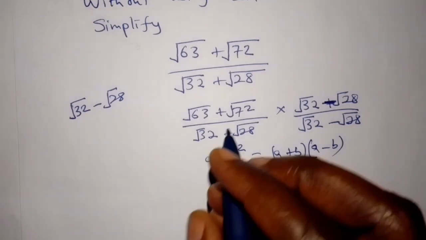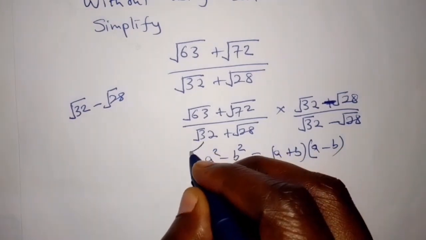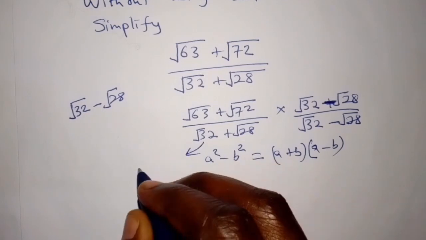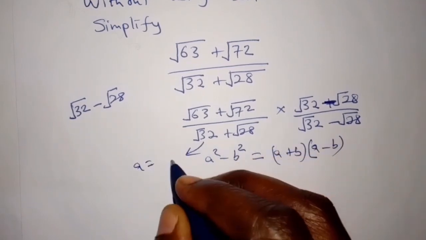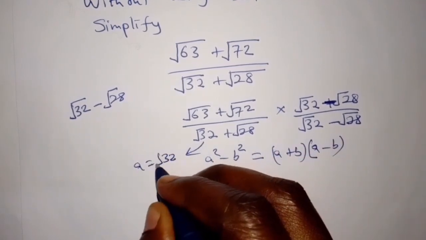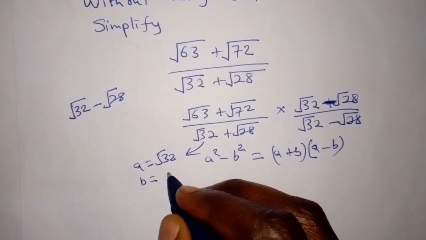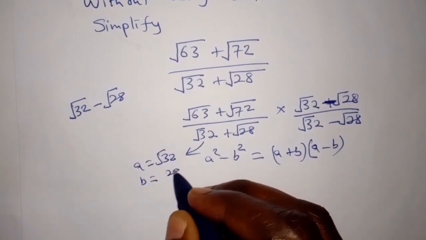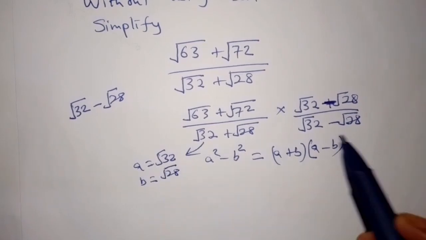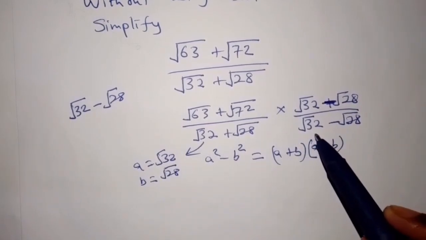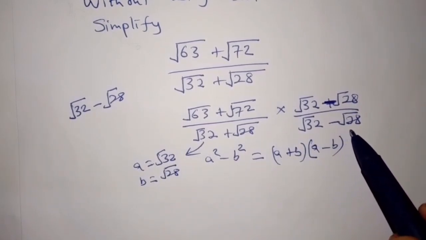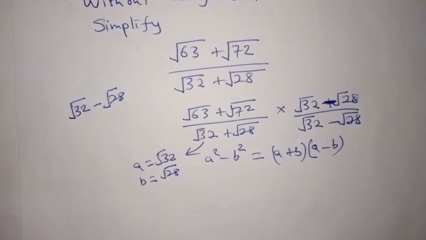So our a is square root of 32, and our b is square root of 28.